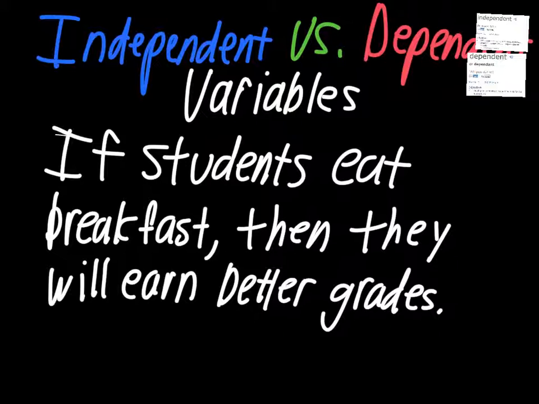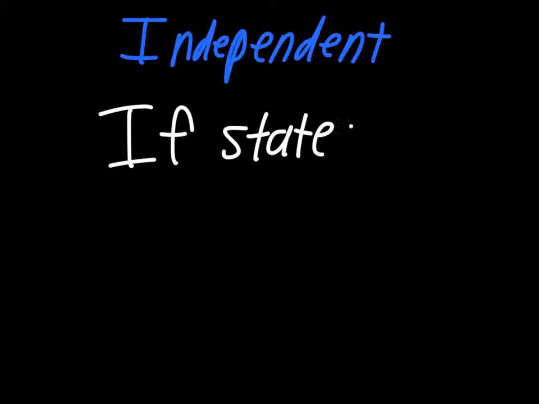The next thing to look at is just a way of simply breaking this down to analyze it out of a hypothesis. So if we're thinking about the independent variables, they typically make up the if statement when it comes to writing a hypothesis.